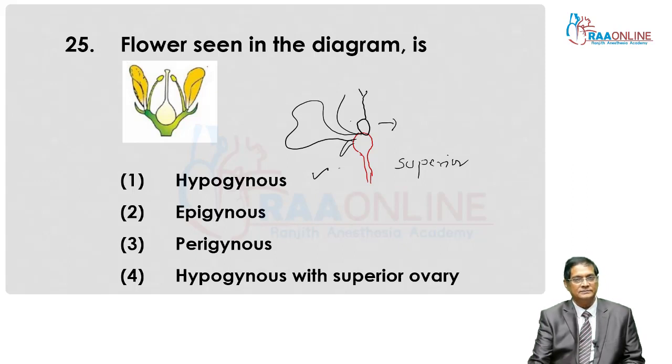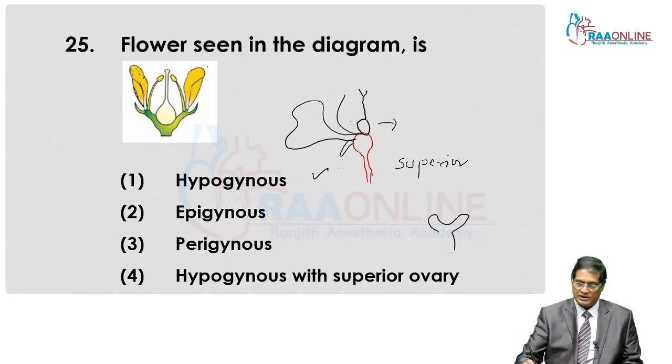And the second one. In this case, the thalamus is cup-like. The shape of the thalamus is cup-shaped, like this. Then what about the ovary? The ovary is seated half. And what about the other whorls?